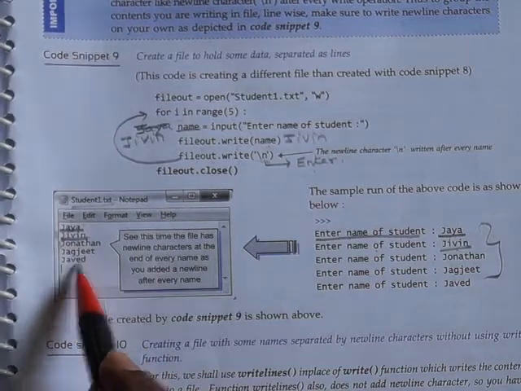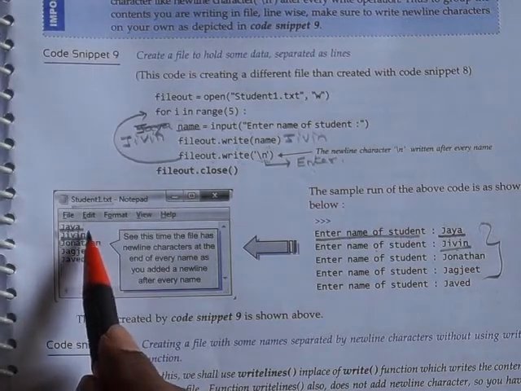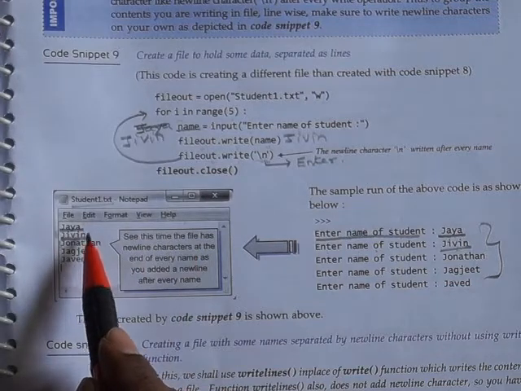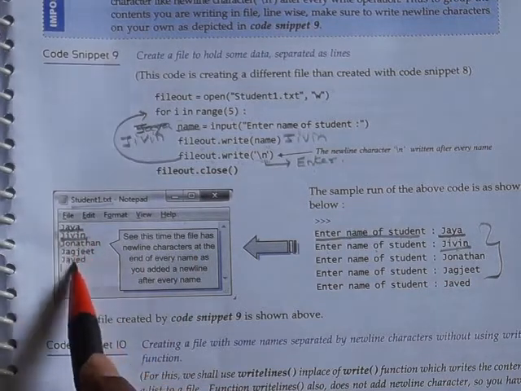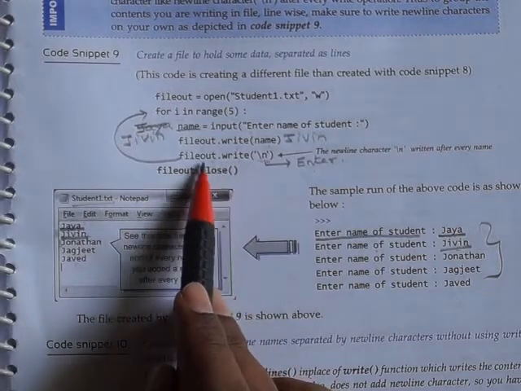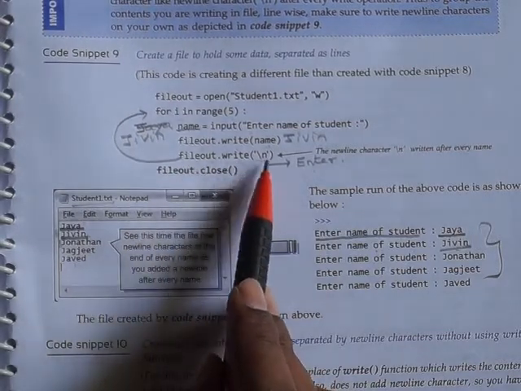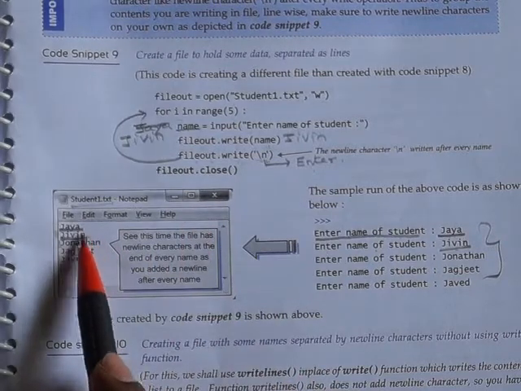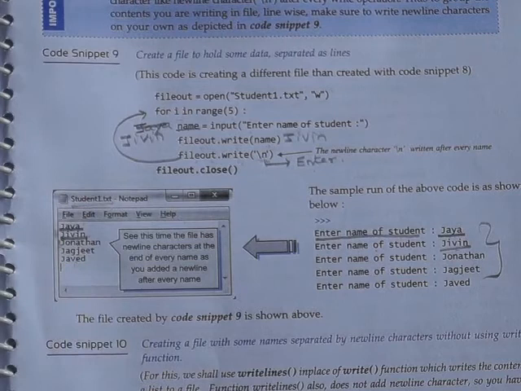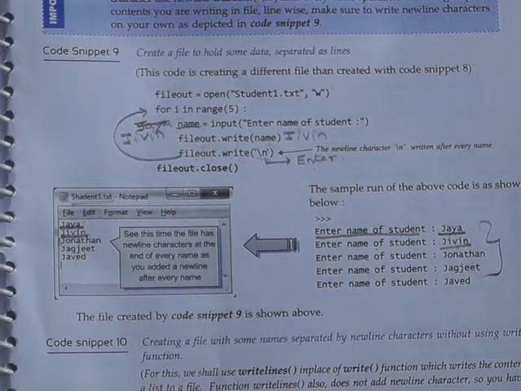All these lines will not be printed in the same line. All these lines will be written in the next line. Understand? So if you use fileout.write \n, all these names will be written in the next line. Hope you understand. Thank you very much.